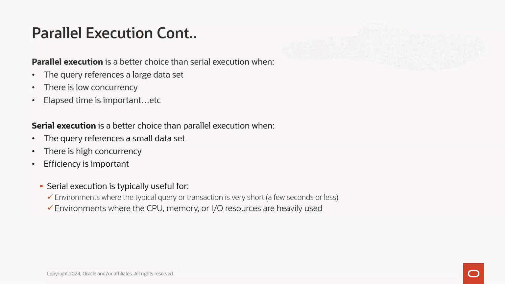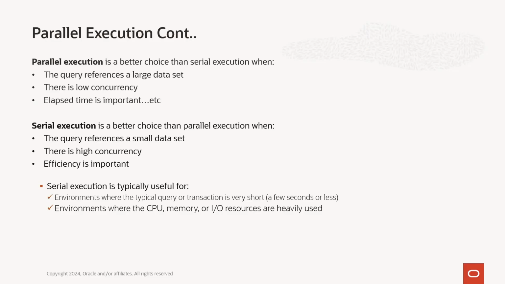Serial execution is typically useful for environments where the typical query or transaction is very short. For example, if the query requires a very short time, serial execution is better than parallel execution, because parallel execution requires resources.